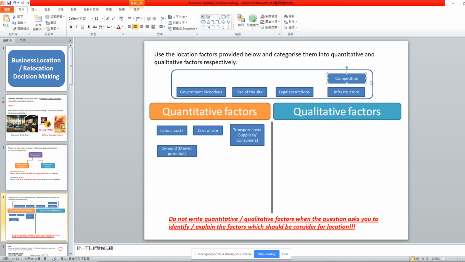Can you explain why we should consider competition when we are looking for a location?